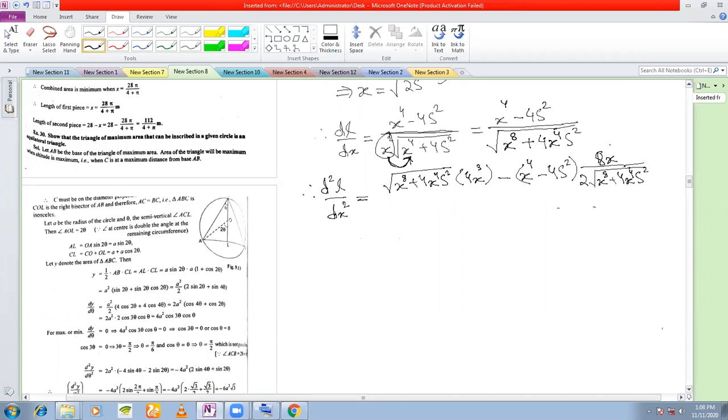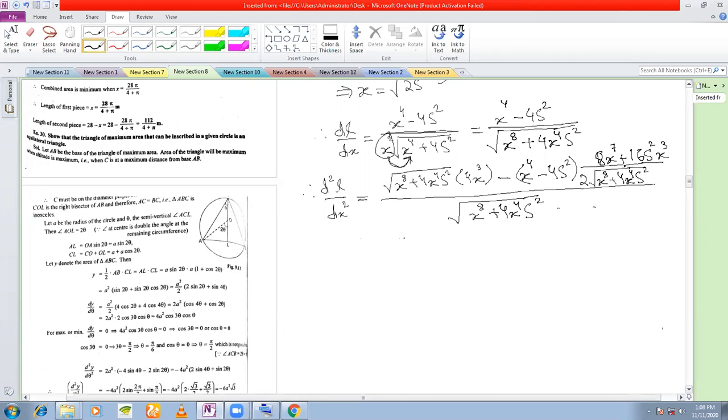If you differentiate within the radical, you get 8x to the power of 7 plus 16s square x cube, whole divided by root of x to the power of 8 plus 4x to the power of 4 whole square.